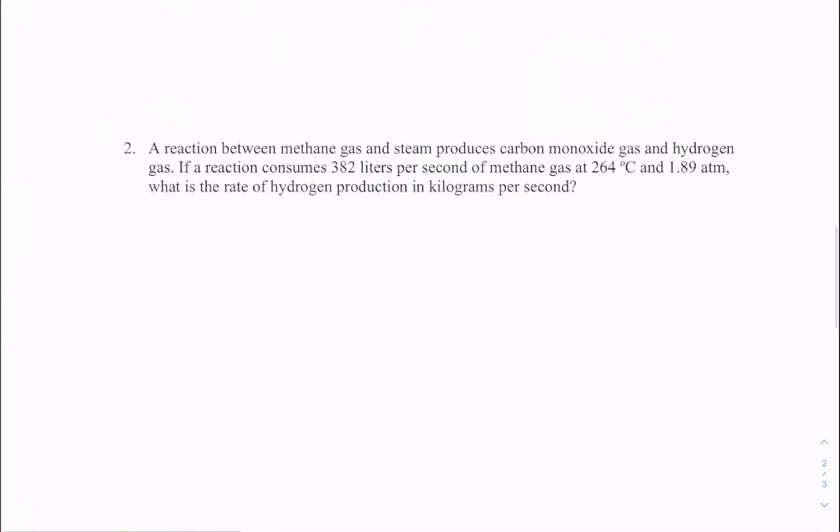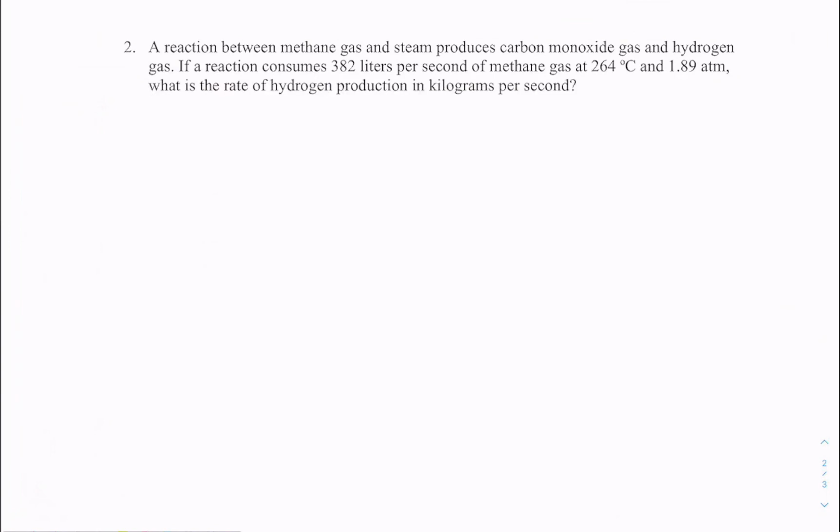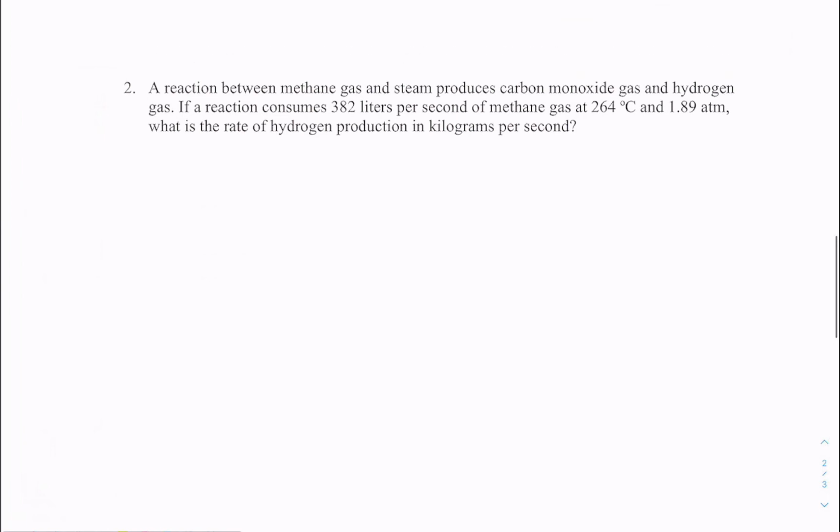Okay, this is the problem type that I wanted to go over, because this one seems a little overly complicated to me for what it's trying to get you to do. We have a reaction between methane gas and steam that produces carbon monoxide gas and hydrogen gas.